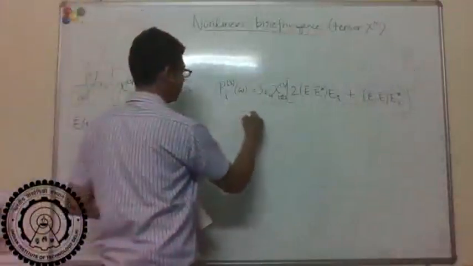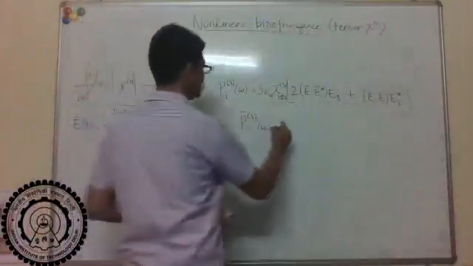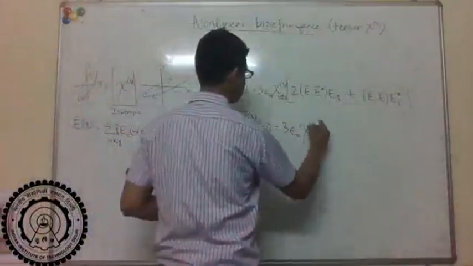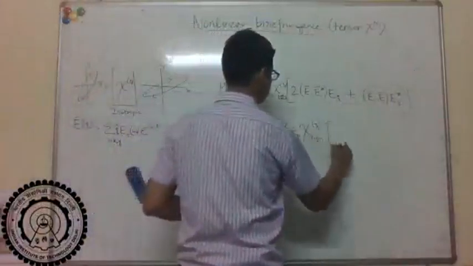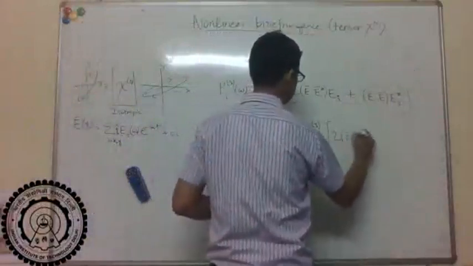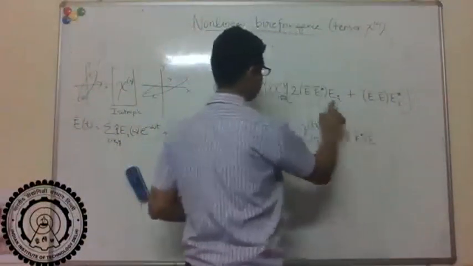So I can write the vector nonlinear polarization as, so I get the vector E here.